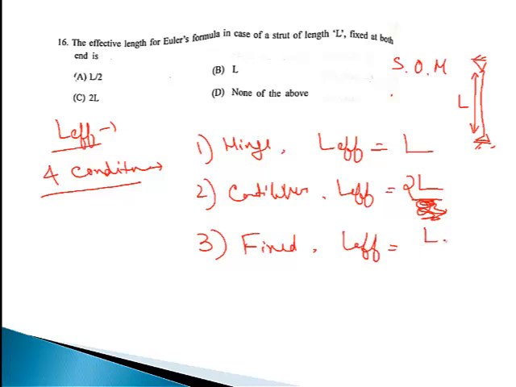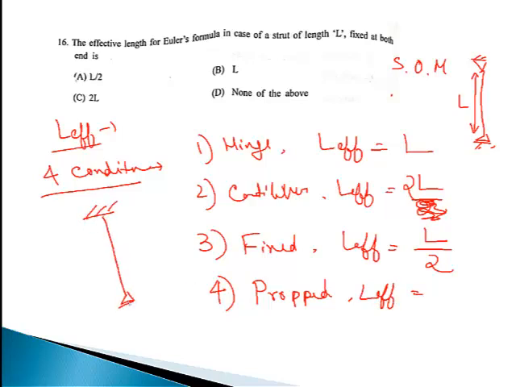For fixed, it's L by 2. Again, for propped, means one fixed and one hinged, it will be L by 2 root 2. Okay.